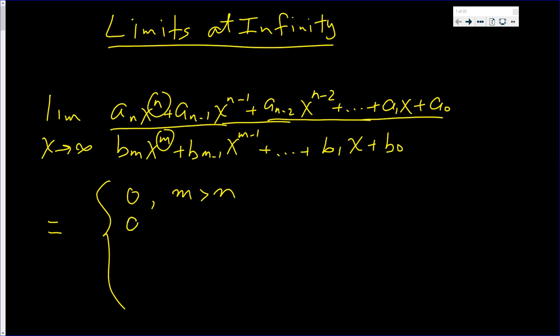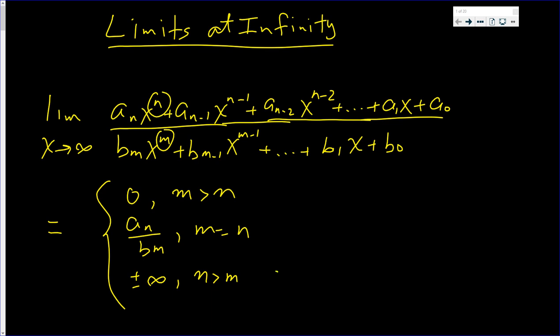It's going to be the division of the two leading coefficients if m equals n. And it's going to be plus or minus infinity if the degree of the numerator is larger.